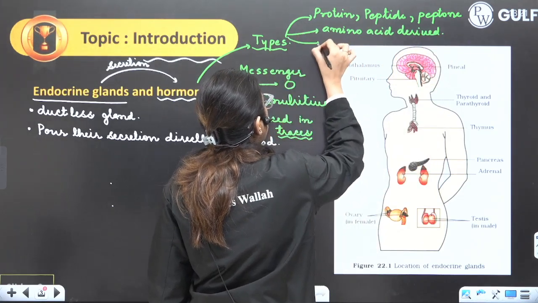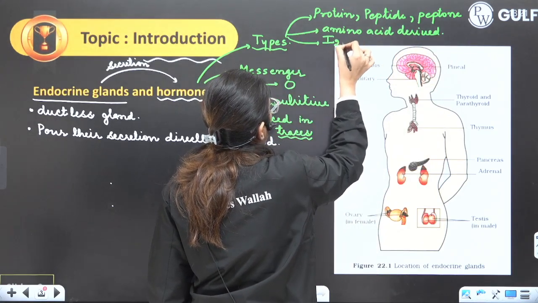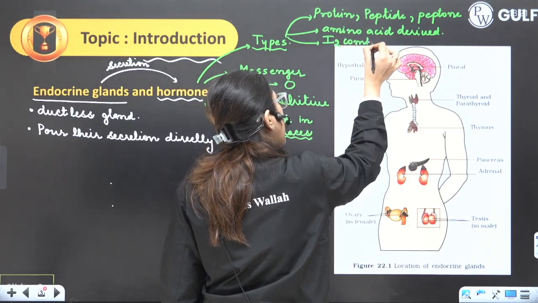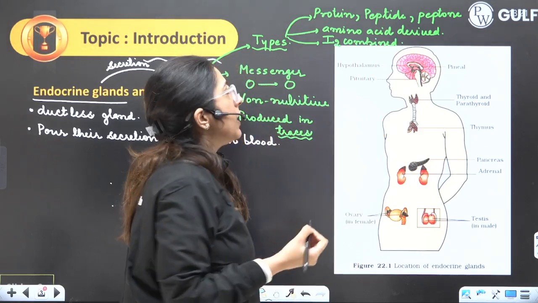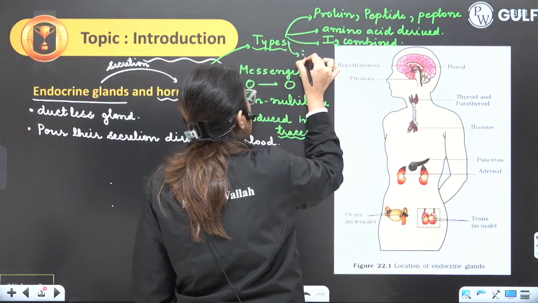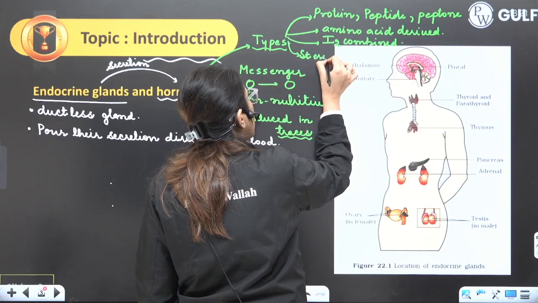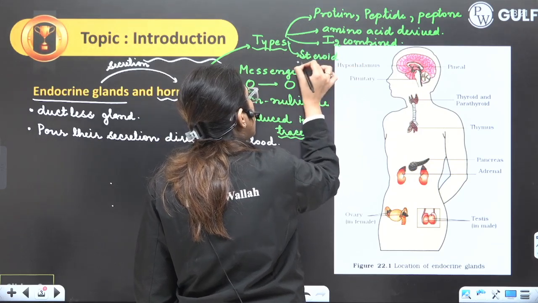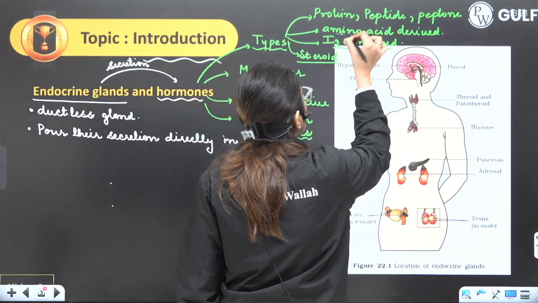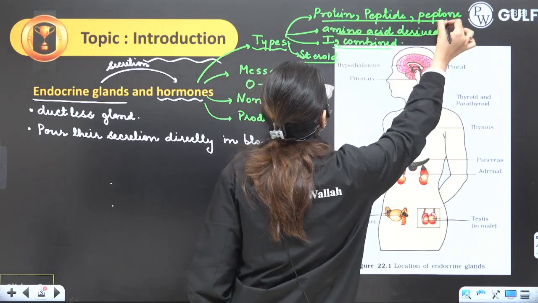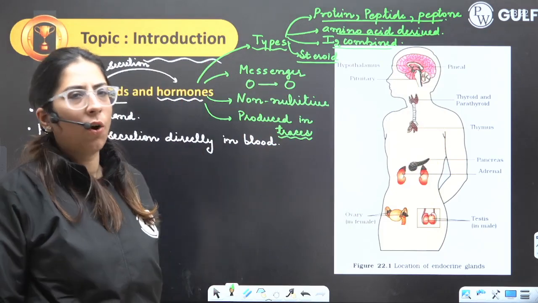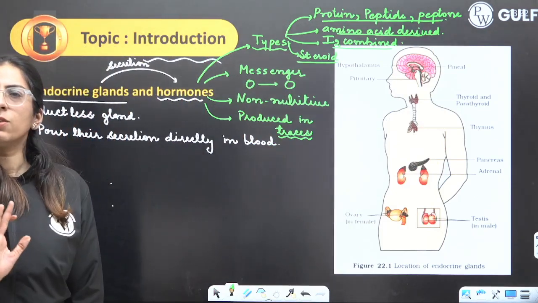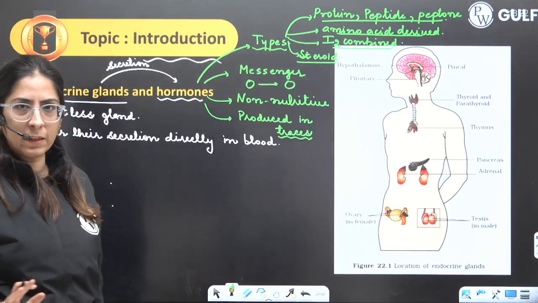Some are related to iodine. Iodine combined means they are also amino acid derived, but they have iodine on them. Some very important ones are steroid in nature. Steroids are cholesterol derived. Right? These are the different categories of the hormones. Point clear? So they act as a messenger. Hope this point is clear.